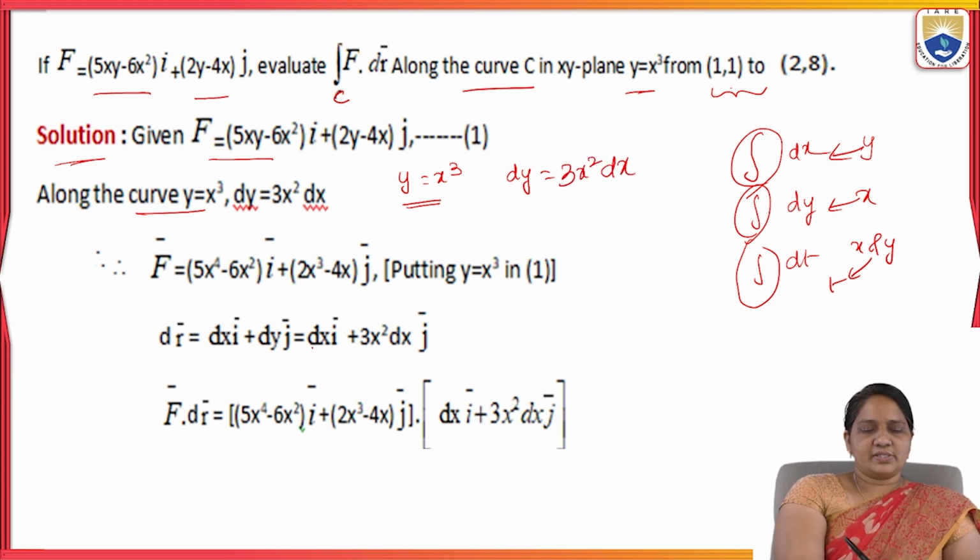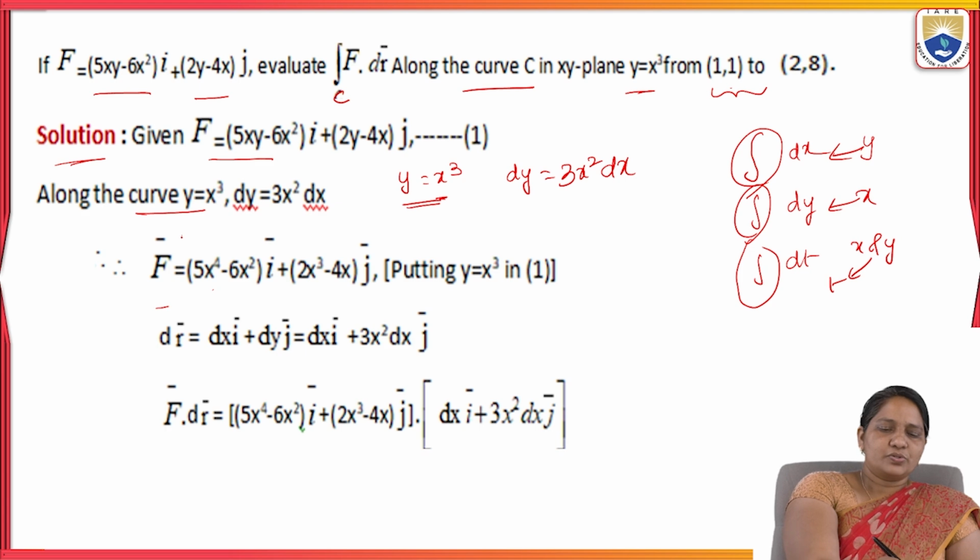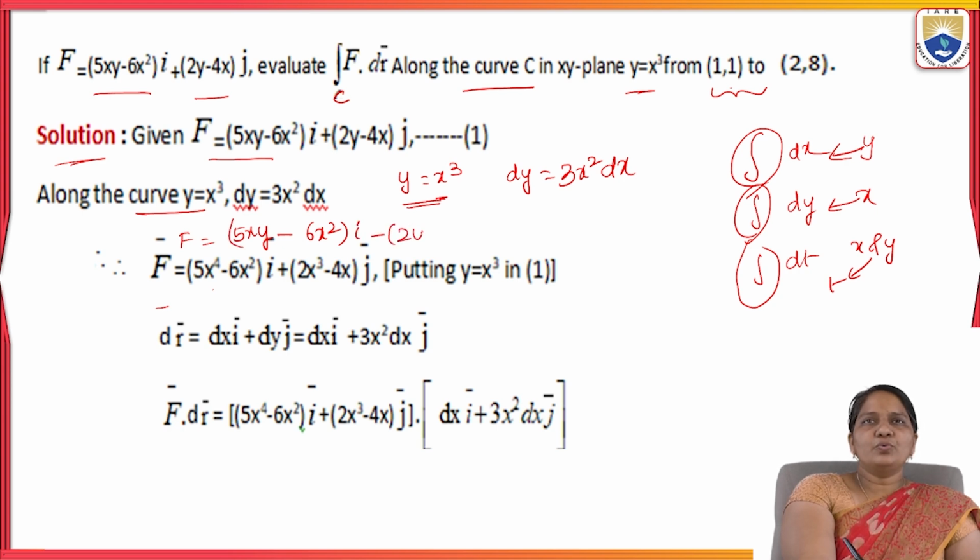Now we are going to replace here. First, f bar: x into y value, which is x cube. So f bar equals 5xy minus 6x square into i plus 2y minus 4x into j. In place of x, x is there. In place of y, x cube is there.